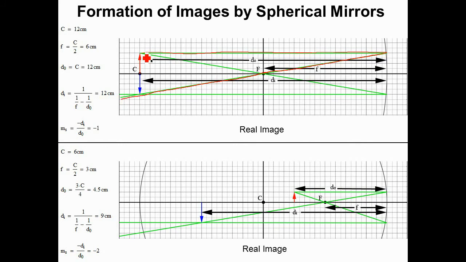The next ray would be from the tip of the object through the focal point, and then back parallel.